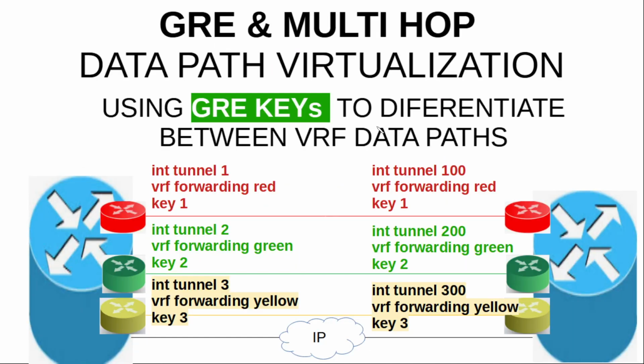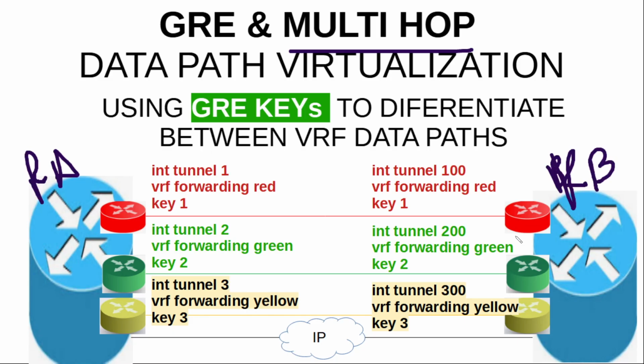Now, let's do an example of data path virtualization that is known as multihop. We are going to communicate these sets of VRFs between router A and router B. However, these routers are not connected back to back. They are connected through other routers, through a cloud of routers.